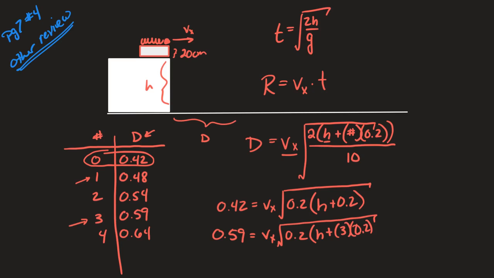I'd probably solve for Vx, set them equal to each other to get h, then go back to get Vx. It's not ideal. Ideal would be to plot this data, but we don't have that kind of time. It's a multiple choice test. Next question. All right.